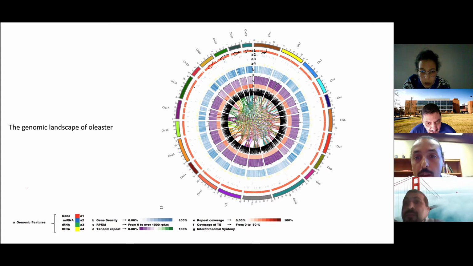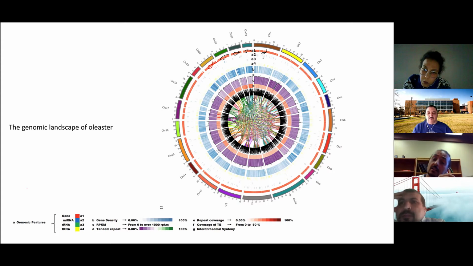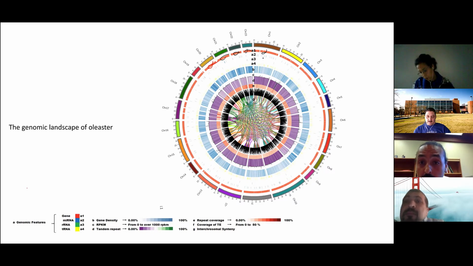We go to layer A2. Layer A2 is the messenger RNA. For every gene, you have a coding part and a non-coding part. You have exons and you have introns, which make up the whole messenger RNA before splicing. A3 is the ribosomal RNA. And you know what ribosomal RNA does: it helps in translation.